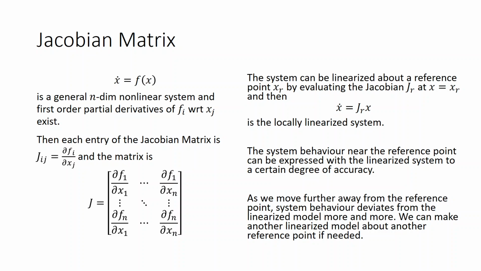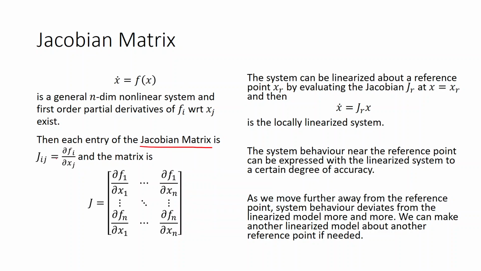So linearizing the system is basically evaluating the Jacobian matrix at the reference point, or at the point of interest. What am I trying to say? So what is the Jacobian matrix?